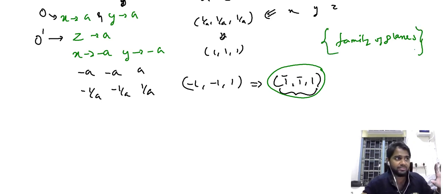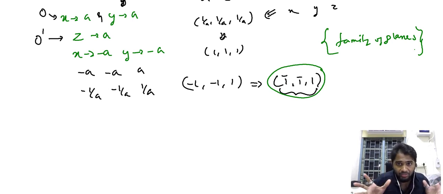So what is the characteristic feature of family of planes? The characteristic feature is that these planes are geometrically equivalent, one. Secondly, by appropriately changing the origin and the way we describe the coordinate system, it is possible for us to describe different planes using the same Miller indices, and these are referred to as the family of planes.